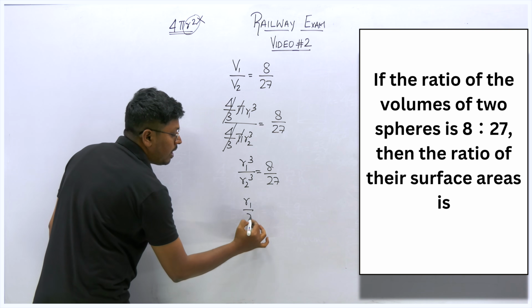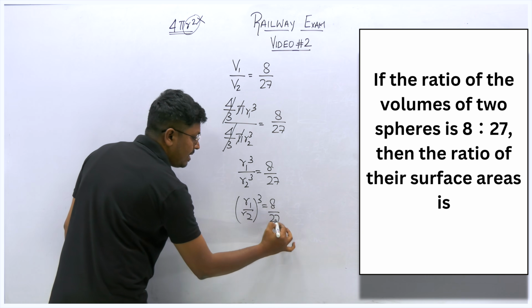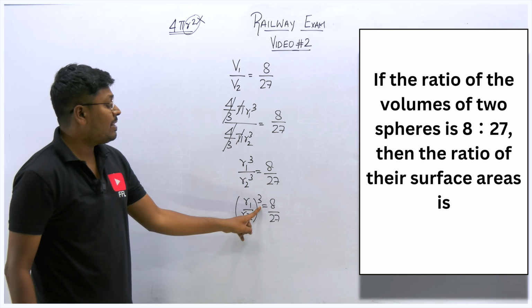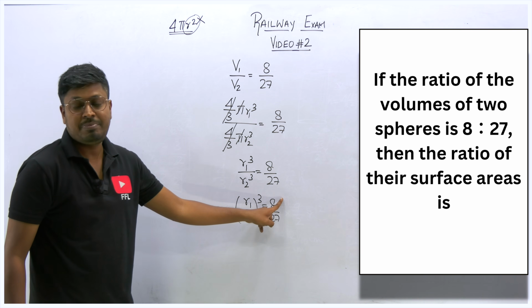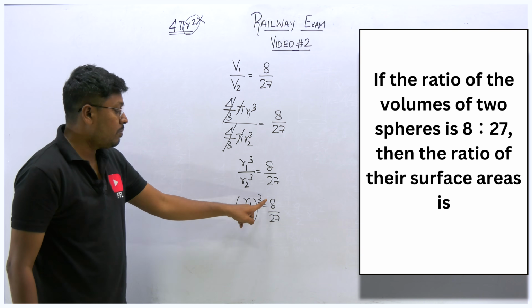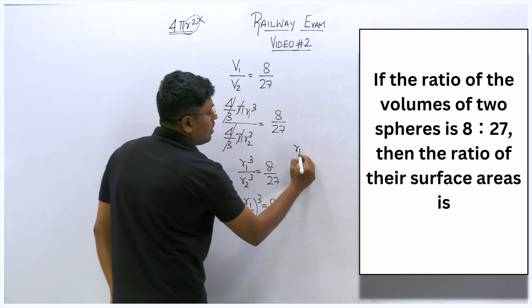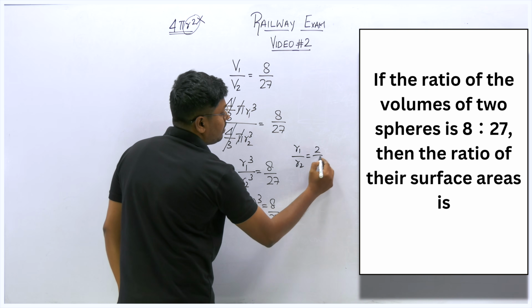So r1 by r2, the whole cubed, equals 8 by 27. When the 3 goes to the right-hand side it becomes a cube root: the cube root of 8 is 2 and the cube root of 27 is 3. So r1 by r2 equals 2 by 3.